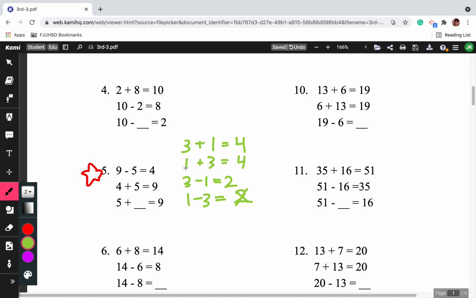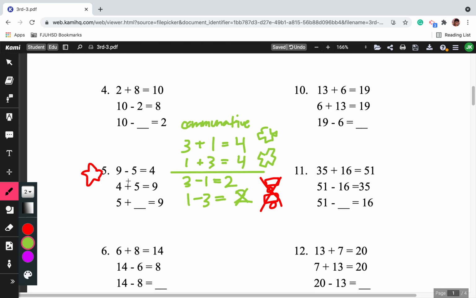So this is commutative, and it works with addition and multiplication, but it does not work on subtraction nor division.